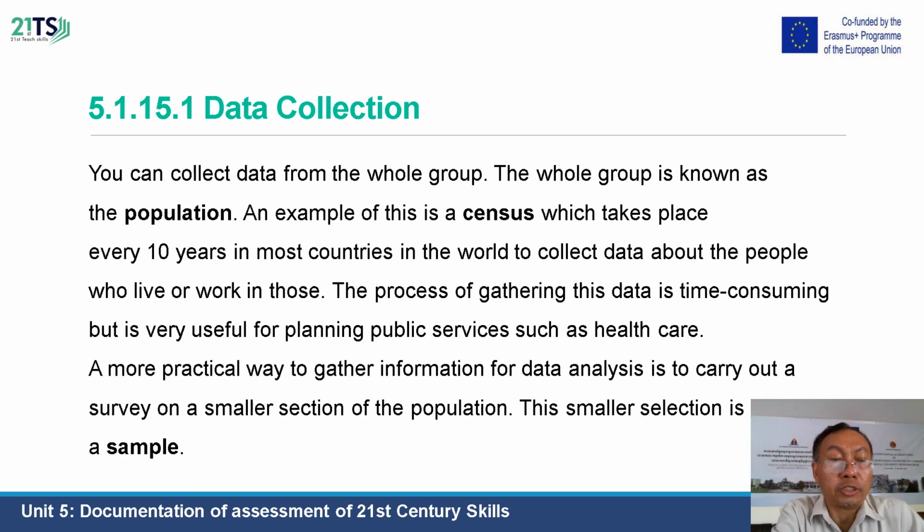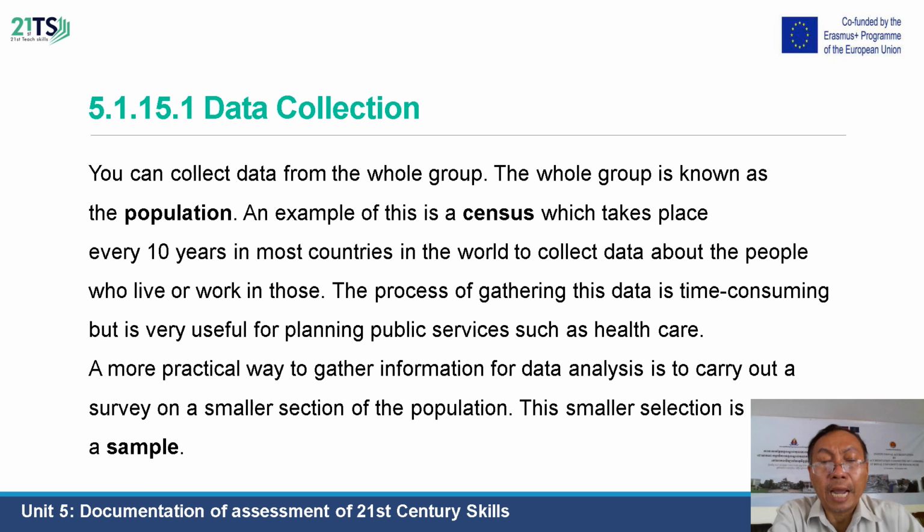In data collection, you can collect data from the whole group. The whole group is known as the population. An example of this is a census, which takes place every 10 years in most countries in the world to collect data about the people who live or work in them.